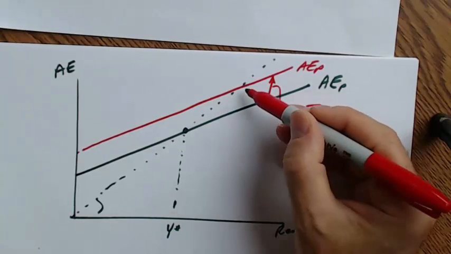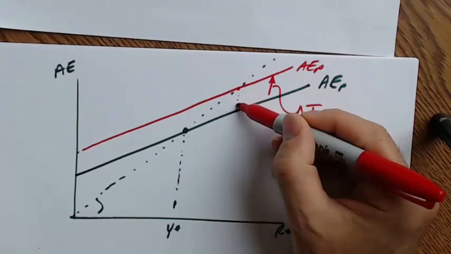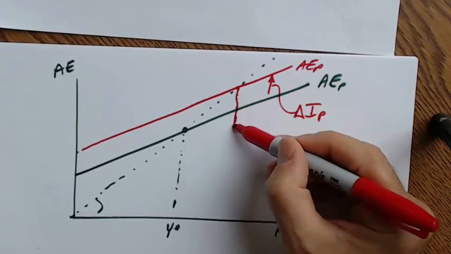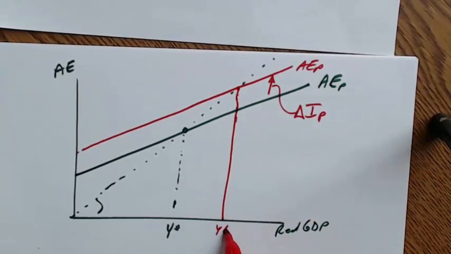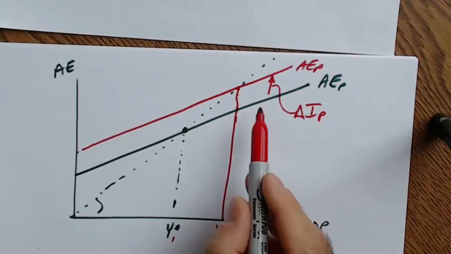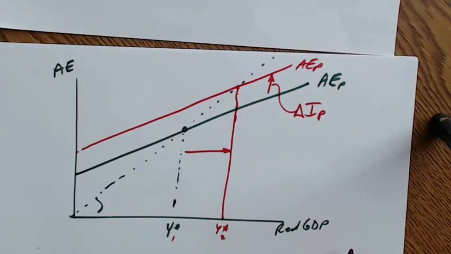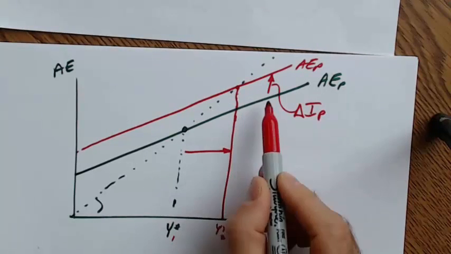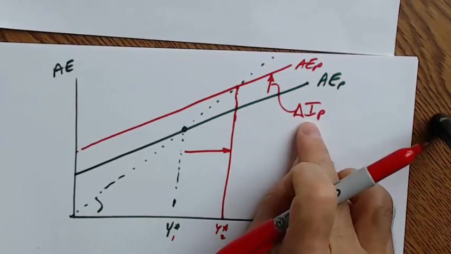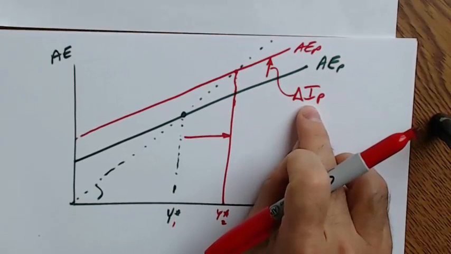This is GDP1, this is GDP2 equilibrium. The change in GDP is going up significantly more than the investment. And that's because there's a multiplier effect going on in the economy.